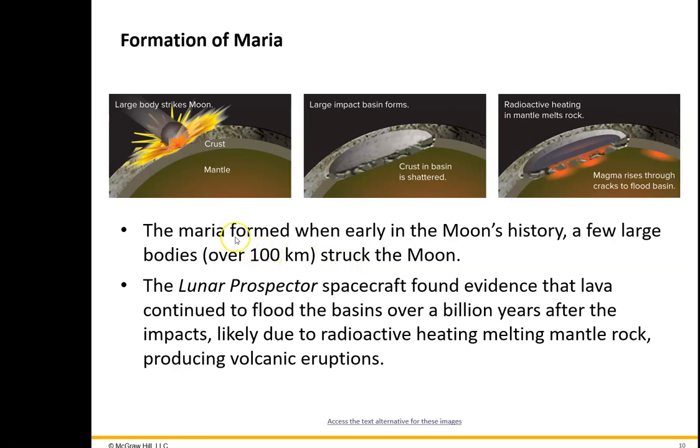Anyhow, when these things struck the moon, they broke through the crust. Since we're talking about the very early stages, the moon was still hot enough to have magma underneath the crust. And so the magma rose and basically filled in where these impactors broke through the crust.